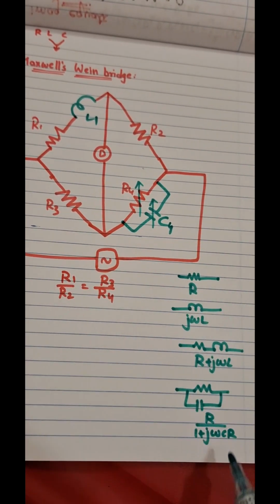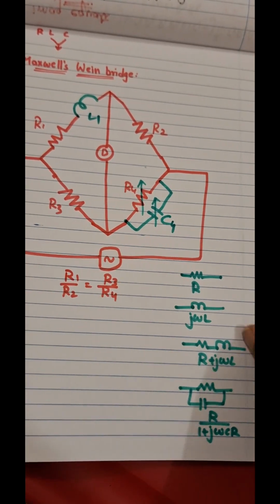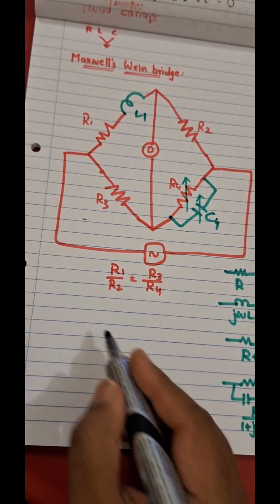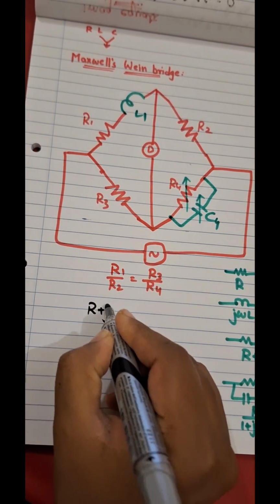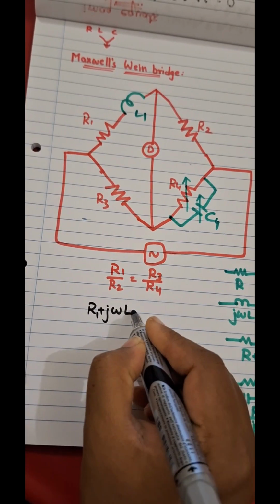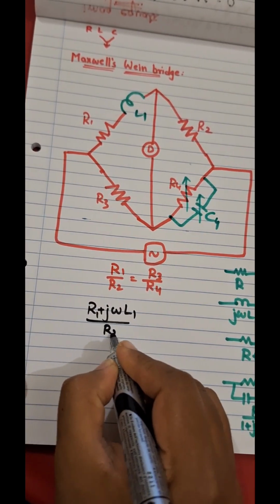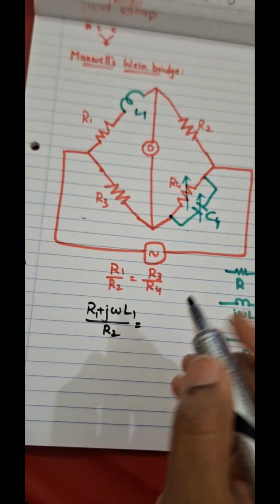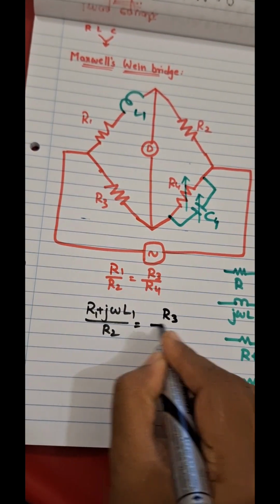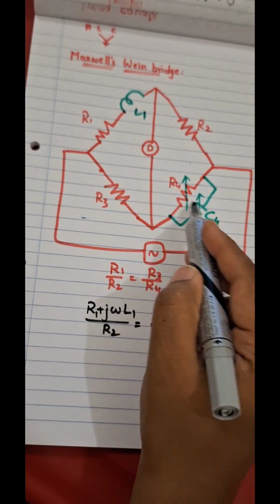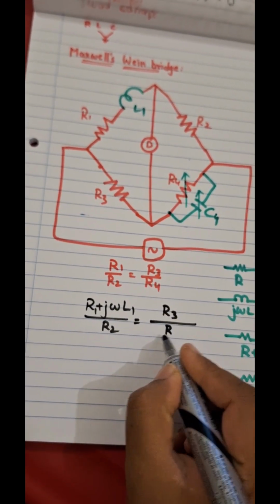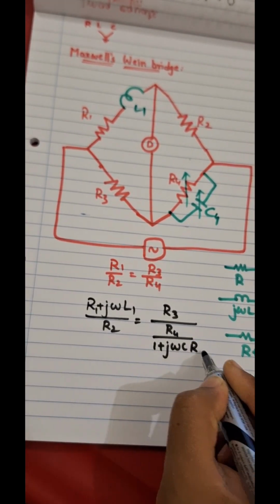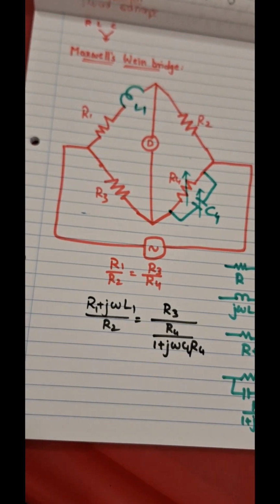Clear? So the same concept we are using here. For R1, what is R1? R1 is in series with the inductor. Series with inductor means R plus j omega L, so R1 and L1, divided by R2, is equal to what? R3 is R3 only. So R3, but R4 is in parallel with a capacitor. Parallel with a capacitor means R by 1 plus j omega CR. R means R4, C means C4.